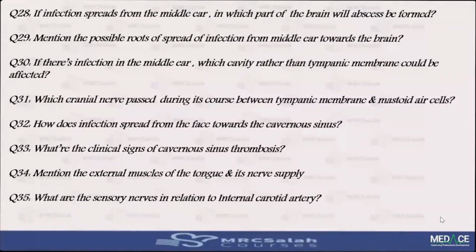I couldn't understand the question. Which sensory nerve has a relation anatomically to the internal carotid artery? The ophthalmic division. Yes.